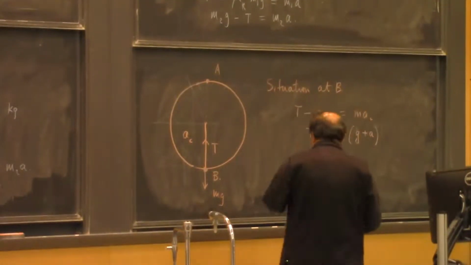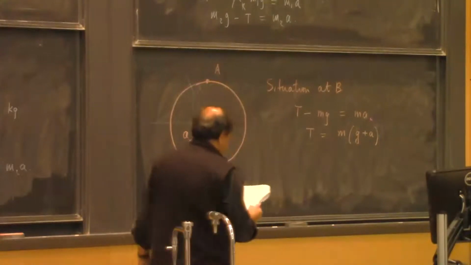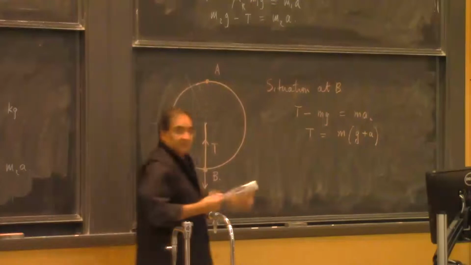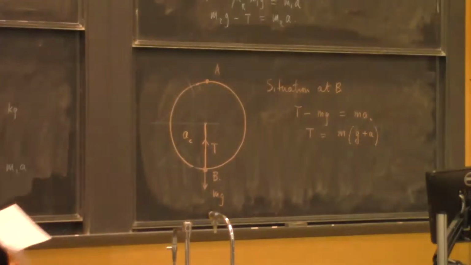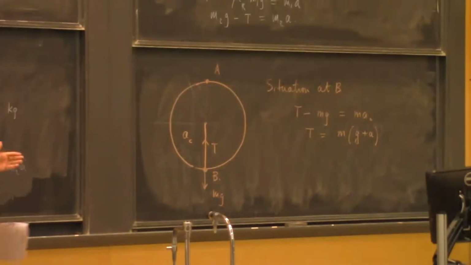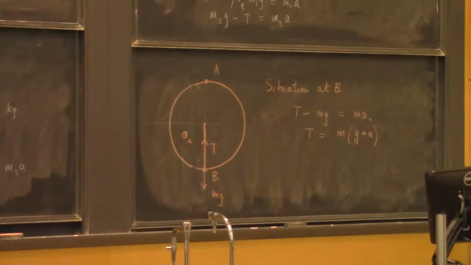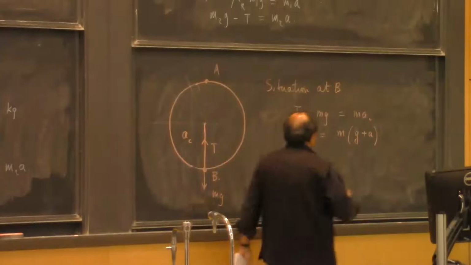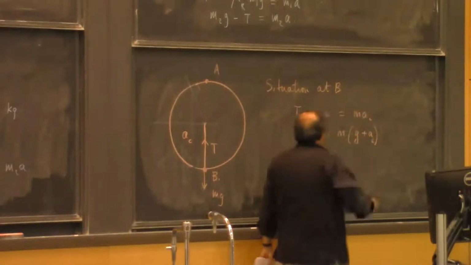So therefore, at position B, the string tension would be the highest possible value. It will actually be the weight along with the centripetal acceleration that comes around, which is associated with how fast you are rolling.